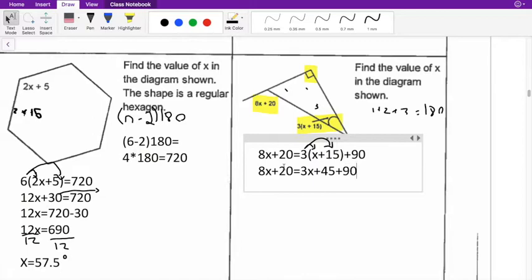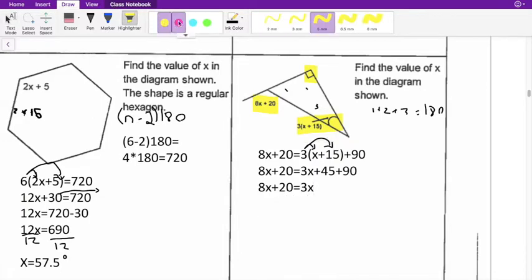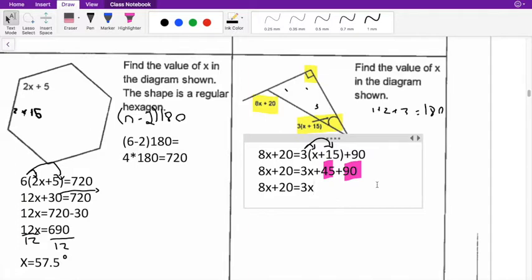All right. Let's collect like terms here. So we have 8x plus 20 on this side equals 3x, and we're going to combine these two together. So that's going to be plus 135. Now, I like to keep the largest x where it is, so I'm going to leave that one there.